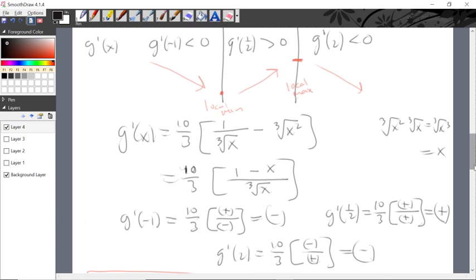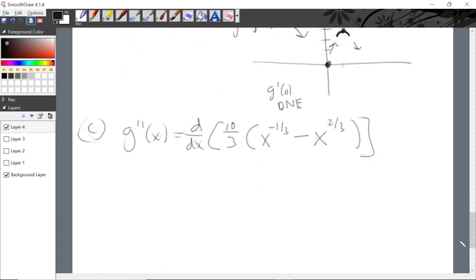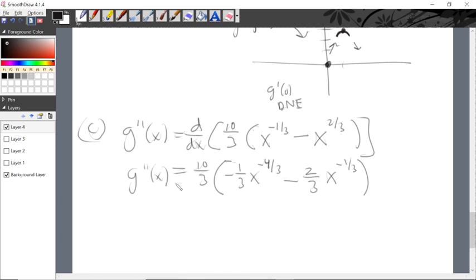Then we can apply the general power rule, and we're also going to do the constant rule. Take out the 10/3. So we get 10/3 times negative 1/3 x to the negative 4/3 minus 2/3 x to the negative 1/3. There's our second derivative right there.